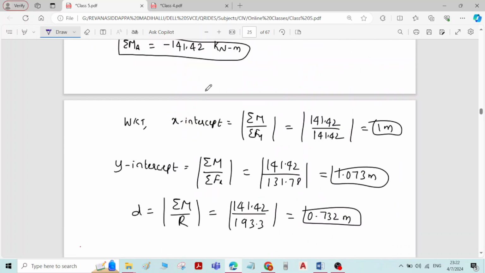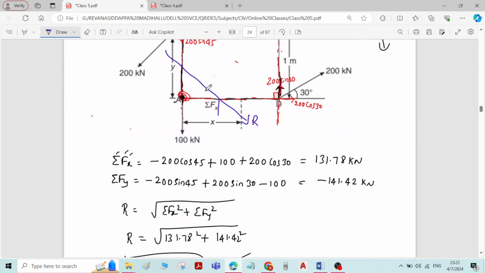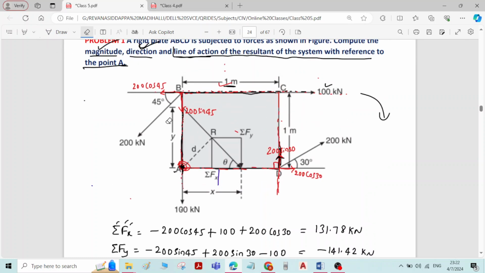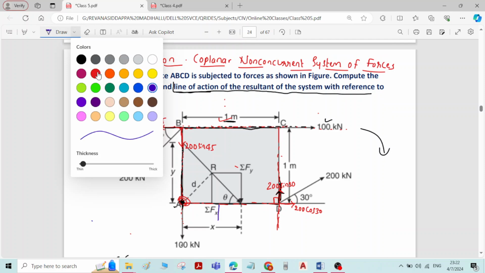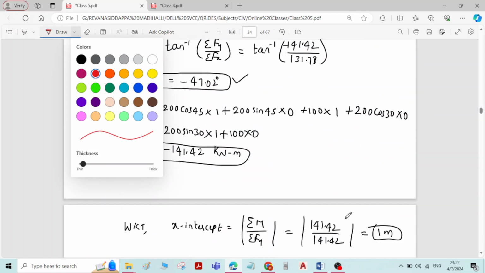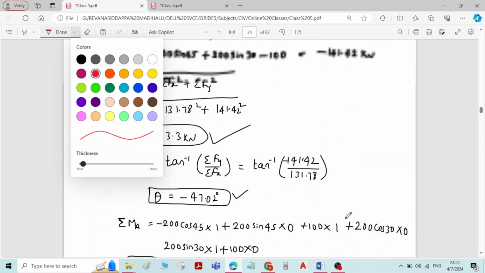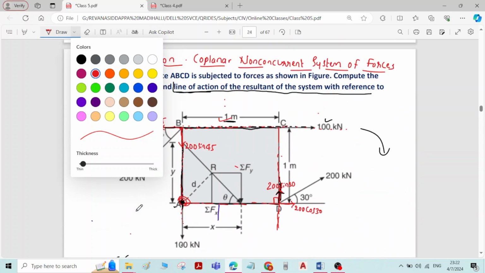And what is the y-intercept? The y-intercept is 1.073 meter. Let me write the diagram as per the given data. So here, the position of the resultant force will be x-intercept 1 meter, y-intercept 1.073 meter.